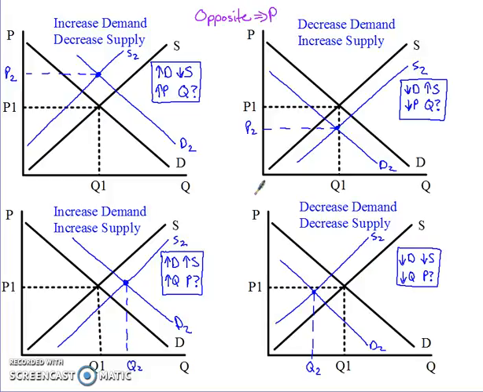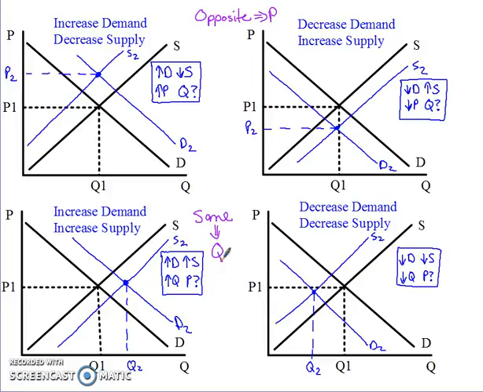The quantity will be indeterminate. And when supply and demand shift in the same direction, when they both increase or both decrease, you will always be able to predict what happens to quantity, and it will be price that is indeterminate.